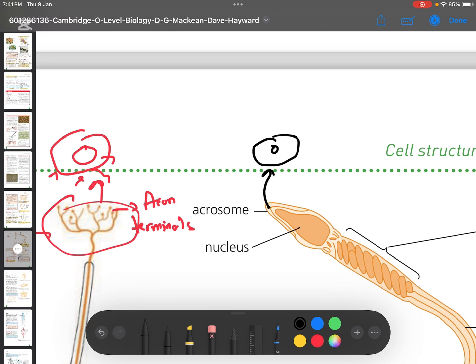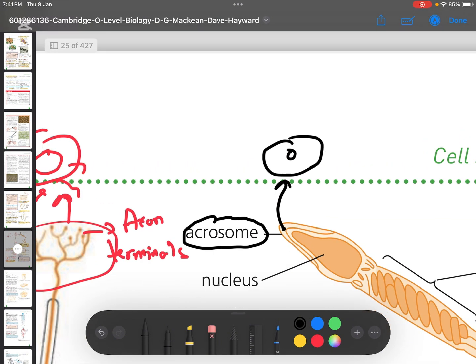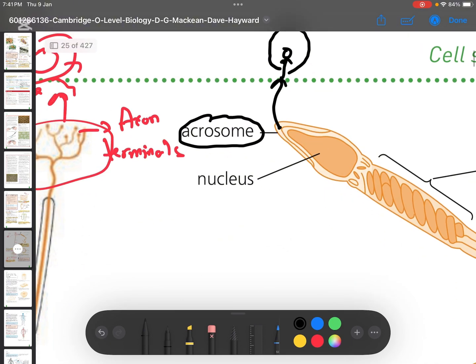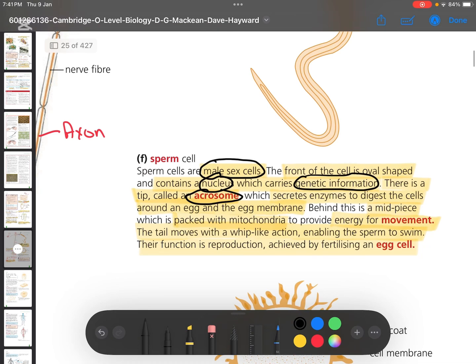Now when the sperm is about to penetrate the egg of the female, it releases a few digestive enzymes, and by the help of acrosome, it digests the wall of the egg of the female, and it then enters into the egg and then fertilizes with it, right? That's what the acrosome does. It secretes enzyme and digests the cell around the egg and the egg membrane.